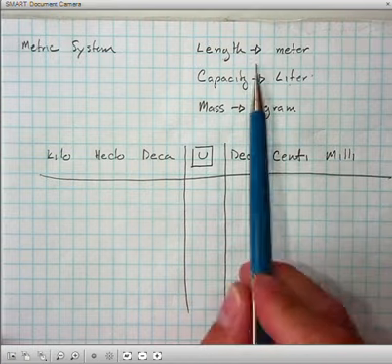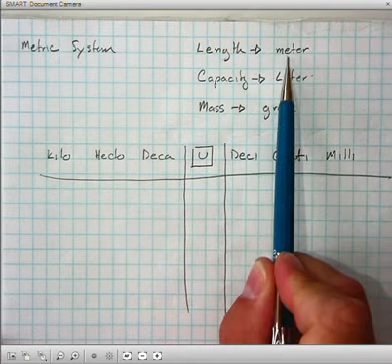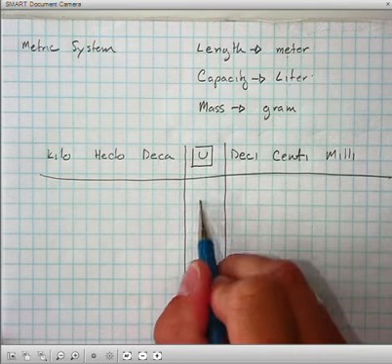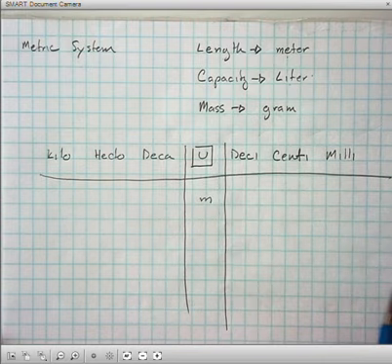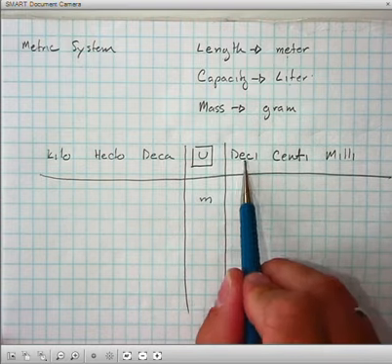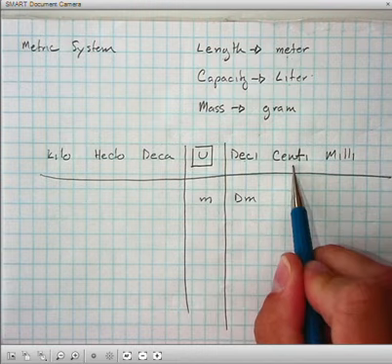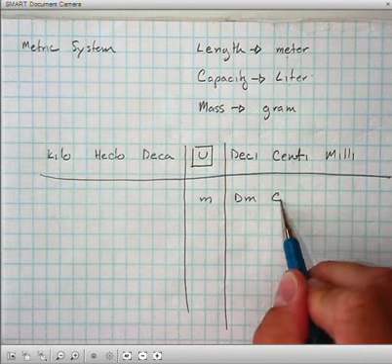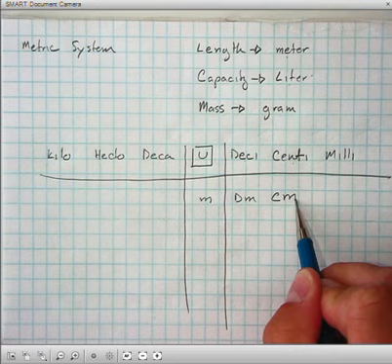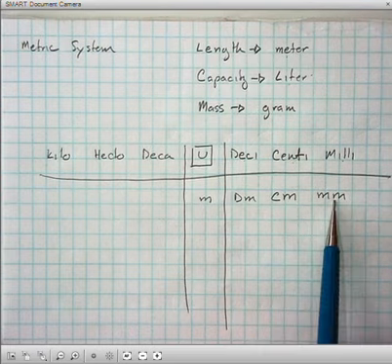If I am looking at length, the unit of measure is meter. If I'm measuring something in a decimeter, it's going to be dm. Centimeter is going to be cm. Millimeter is going to be mm. You've seen these signs before.